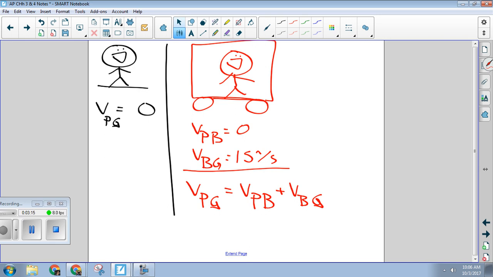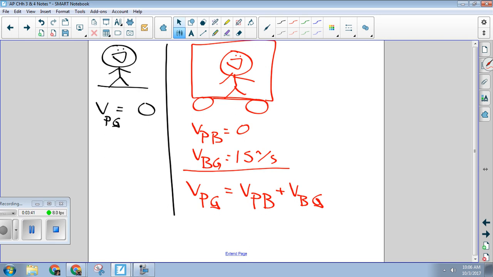It's a bit sloppy, but if it helps you memorize the process, the two things that cancel are always next to each other. The b's are in the middle, so when you add these two vectors, the b's cancel out and you're left with the velocity of the person relative to the ground. Good?